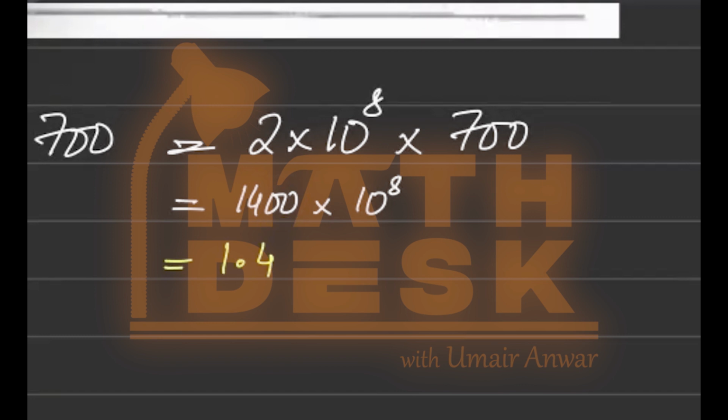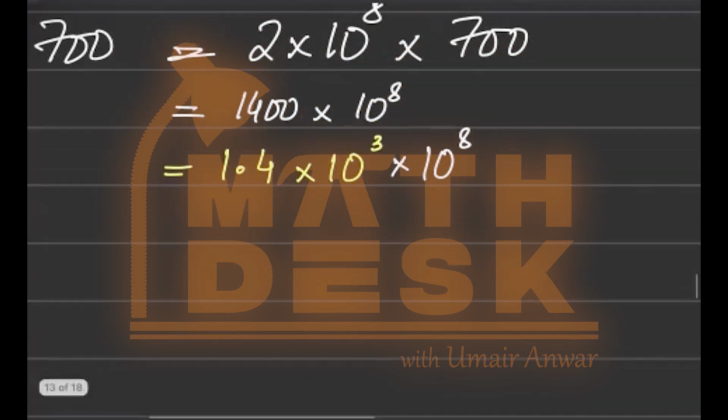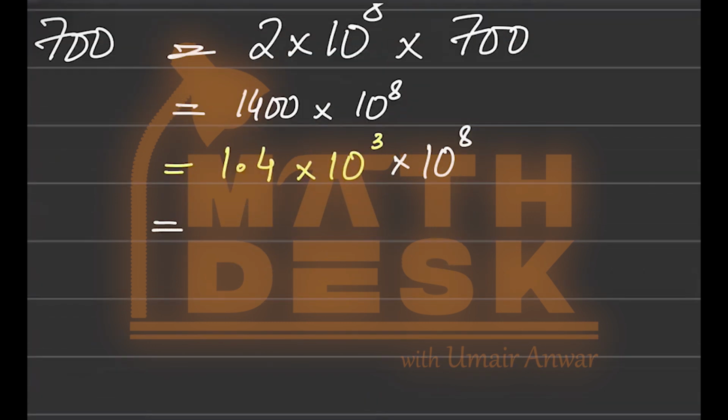Since I've moved it 3 digits, I would be writing 10 raised to 3. And then we had 10 raised to 8 over here. So now these two bases are the same. They are being multiplied, so their indices should be added to each other. So it would become 1.4 into 10 raised to 11 as the final answer for this part.